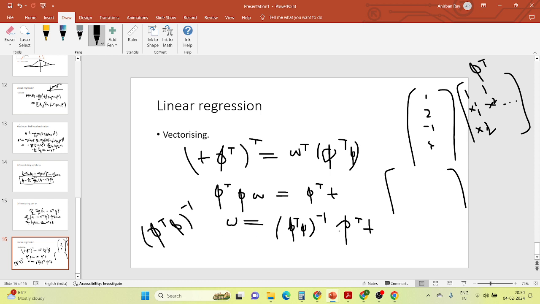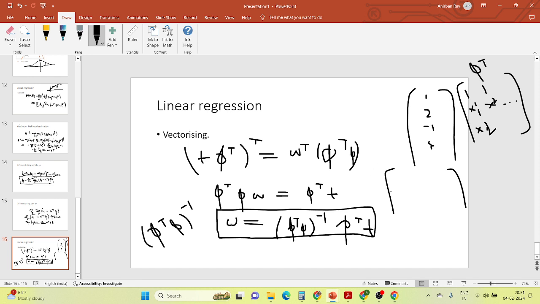And you will get this expression. This is called the Moore-Penrose pseudo-inverse or normal equation. It is called the normal equation. This is our analytical value of W. Means we do not need to learn.